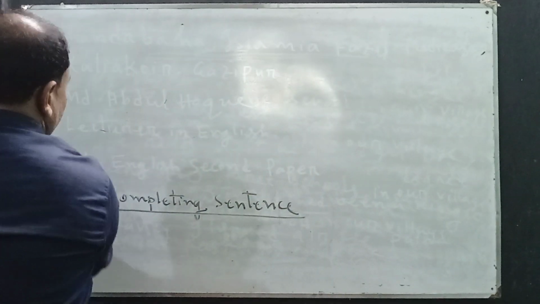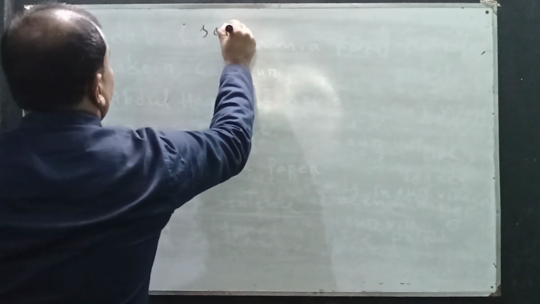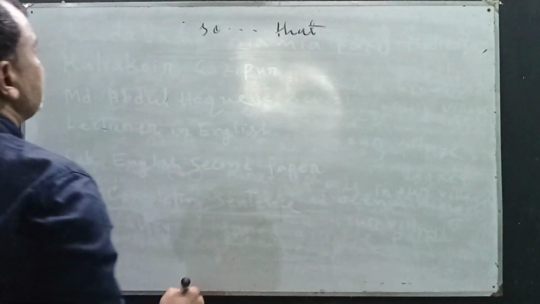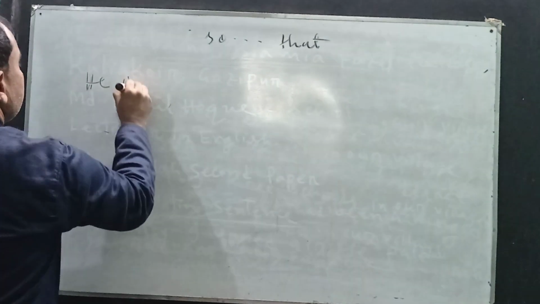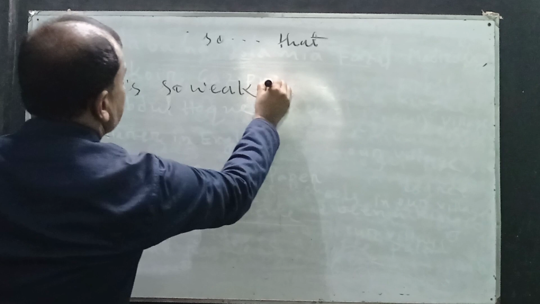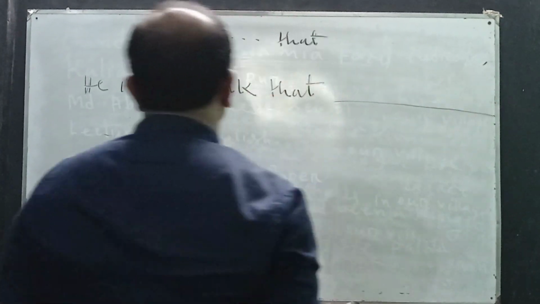The first rule is "so that". How? He is so weak that. He is so weak that.